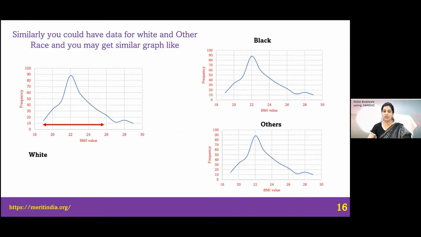Now, similarly, if you see these three graphs, what are you seeing here? Can anyone explain this graph to me? There are three races: white, black, and others. What are these three graphs?